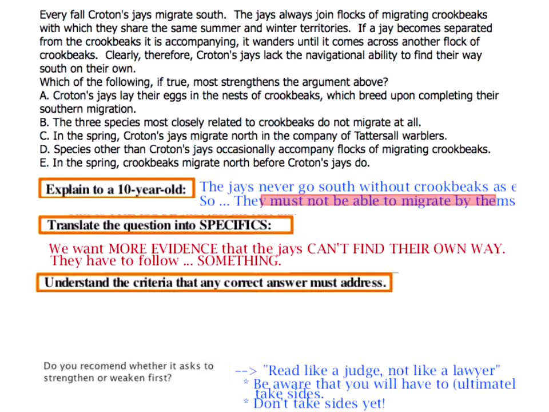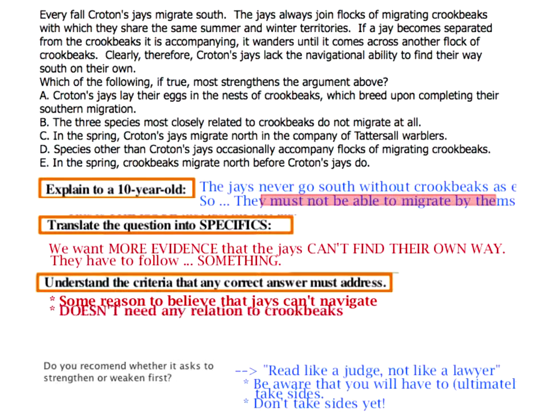For example, it's important to understand here that the answer has to have some reason to believe that the J's can't navigate, but it doesn't need any relation to crook beaks, because the nature of the escort is not the point right now.